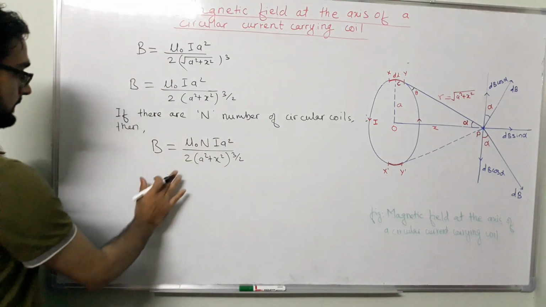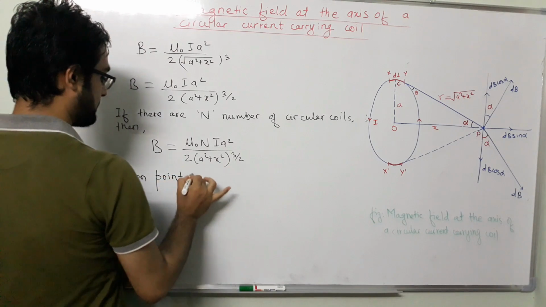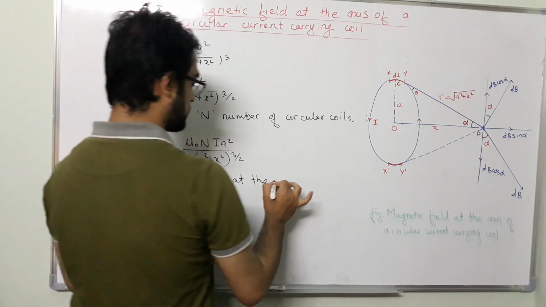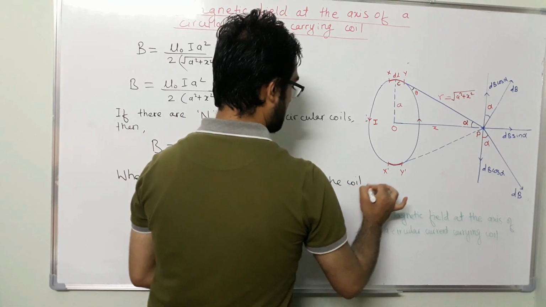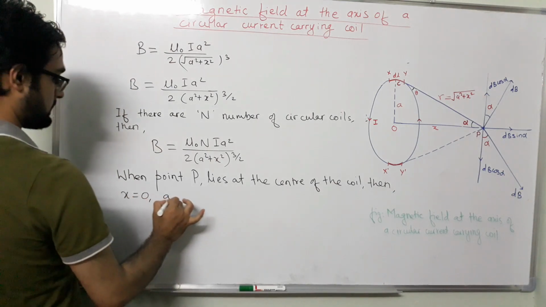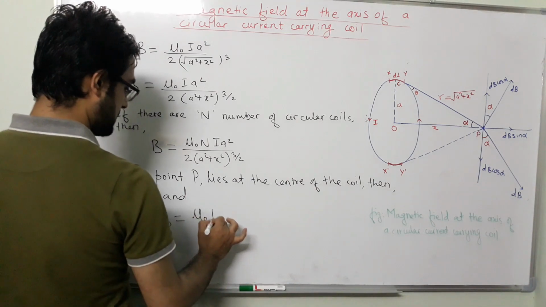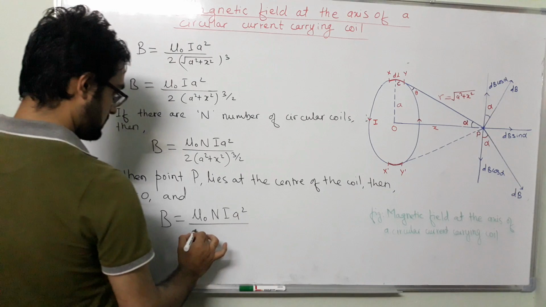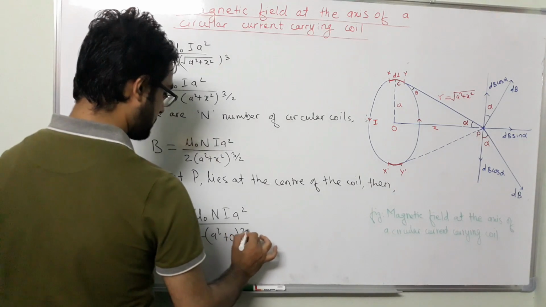Then let's see what happens when point P lies at the center of the coil, then x is equal to 0, and this B becomes equal to mu naught n I a square divided by 2 a square plus 0 to the power 3 by 2.